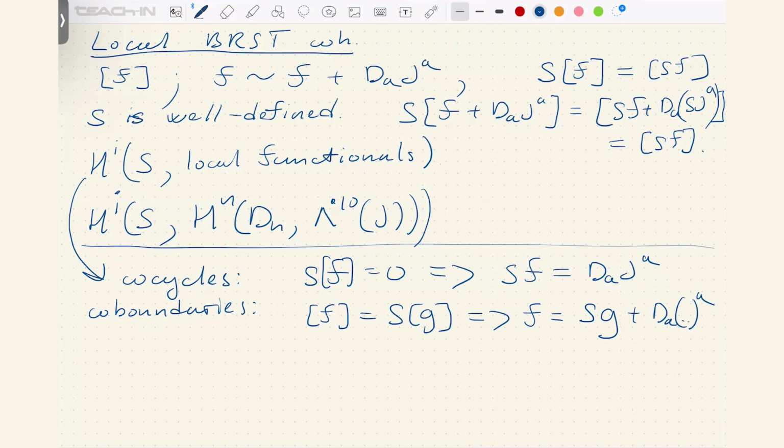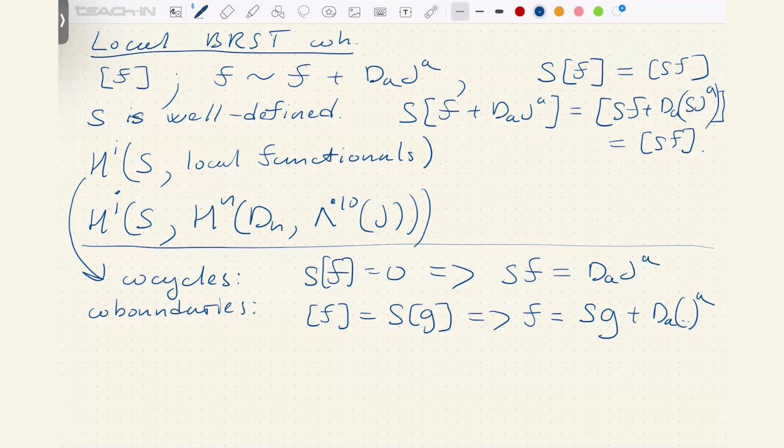So this gives us an explicit definition in terms of representatives of our cohomology group. This is called a relative cohomology. The cocycle condition means that our cocycles are elements such that S gives on them not zero, but a total derivative, while elements which I consider trivial, which are S-exact or coboundaries, are not just elements of the form S on something, but S on something plus, again, a total derivative.